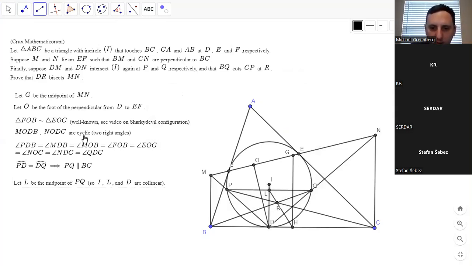Okay, so we want to show that LD over LR is RH over HG.